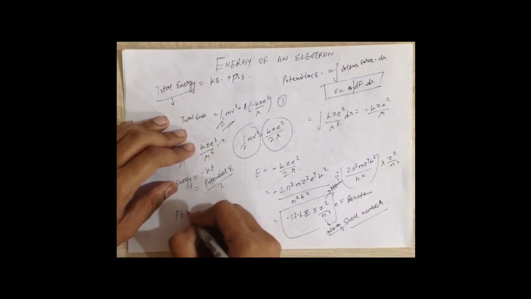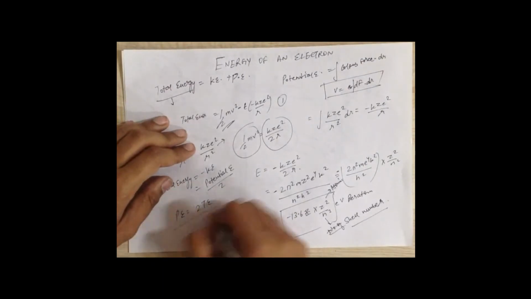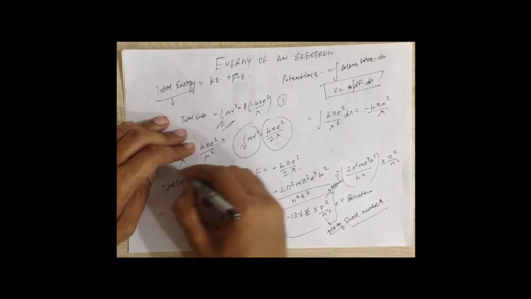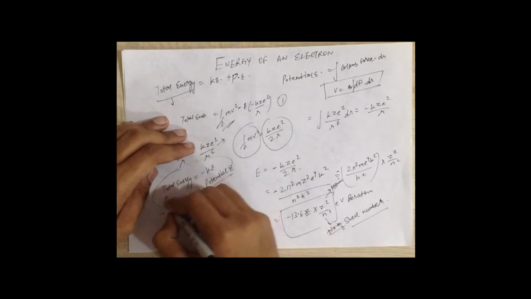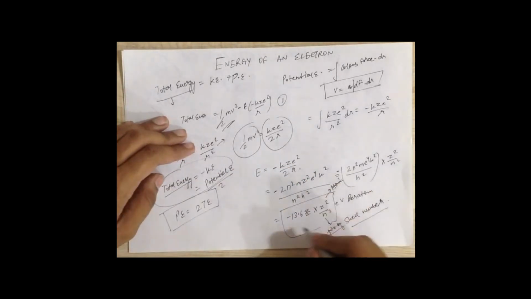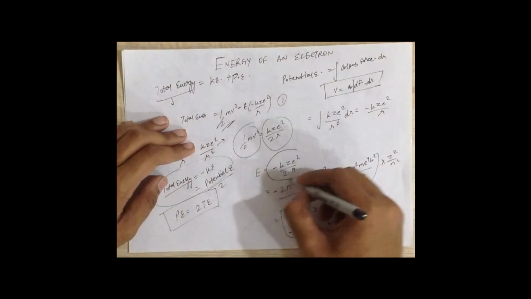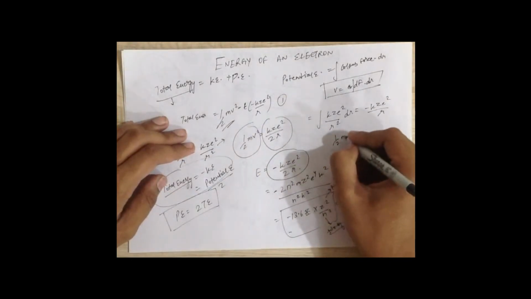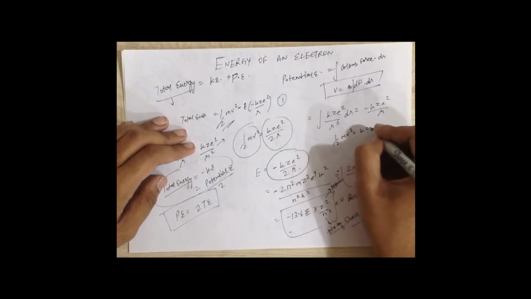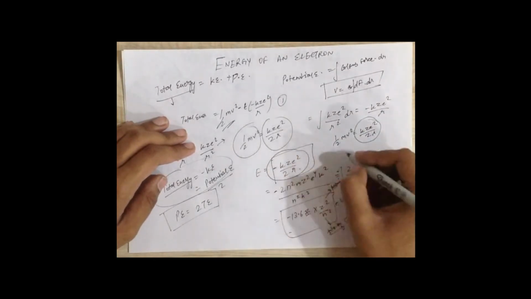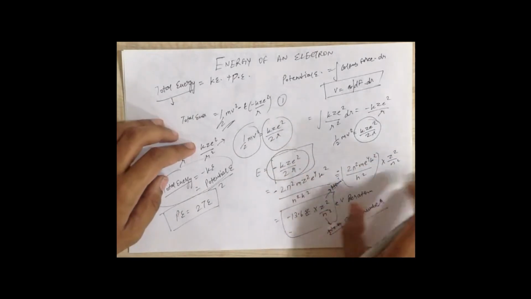So potential energy is twice of total energy. We have obtained this formula because total energy is this much and half mv square was kz e square upon 2r. So total energy and kinetic energy are just opposite in sign.